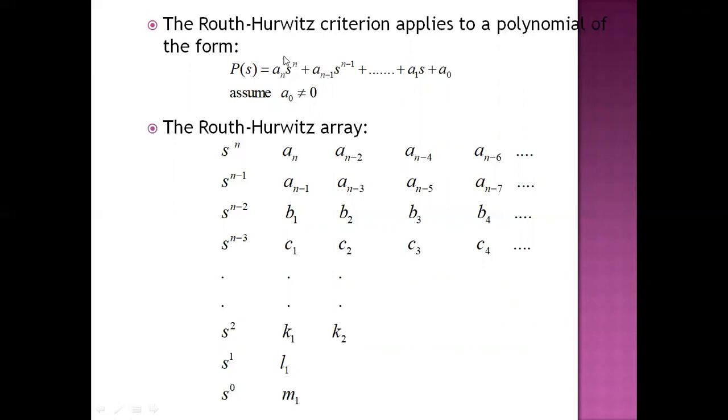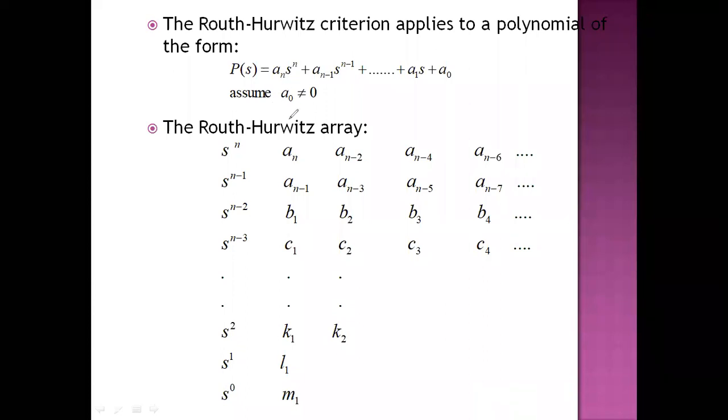Then write the coefficients of the alternate terms, so we get an minus 2, an minus 4.